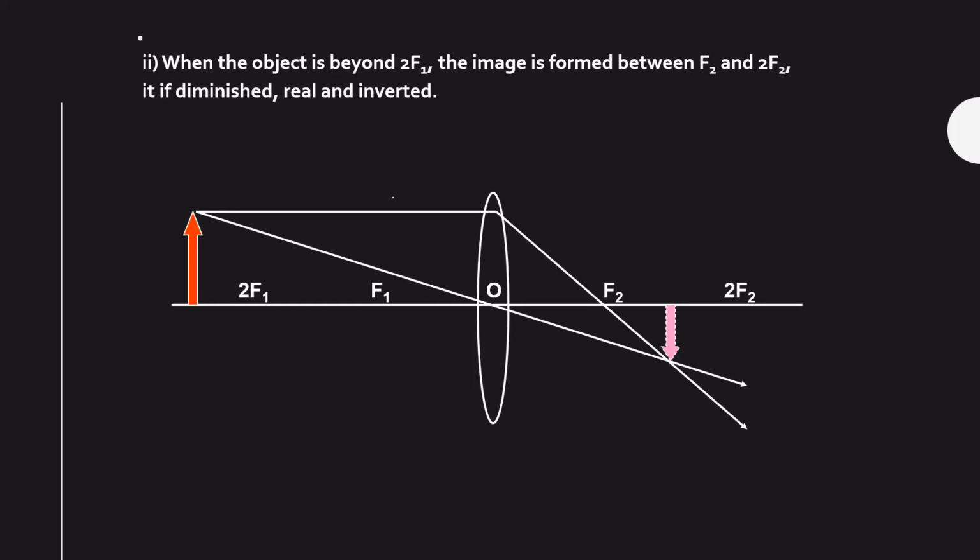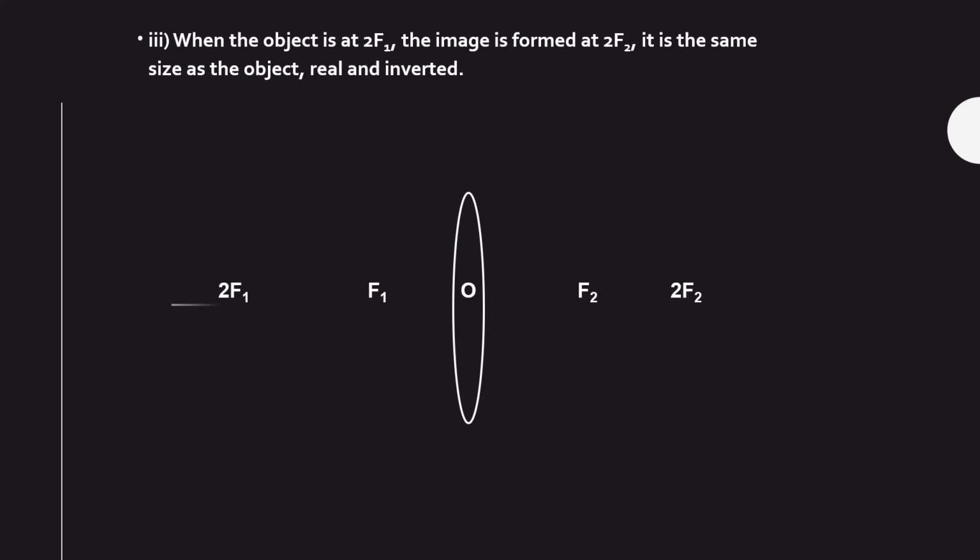Let's put the arrow mark. So the image that is formed is between f2 and 2f2. The image is diminished, it is real and inverted. Let us move on to the next position.